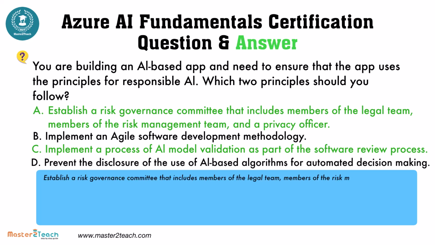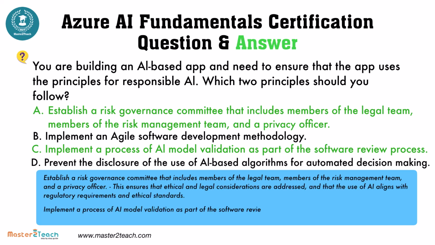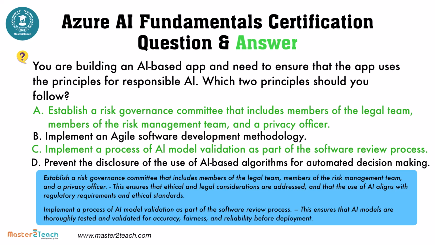The committee ensures that ethical and legal considerations are addressed and that the use of AI aligns with regulatory requirements and ethical standards. Model validation ensures that AI models are thoroughly tested and validated for accuracy, fairness, and reliability before deployment.